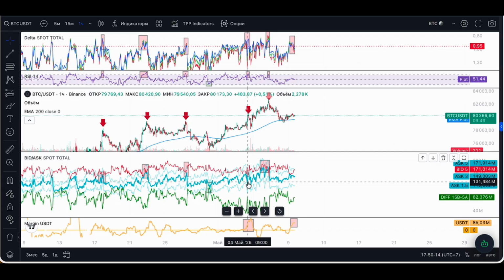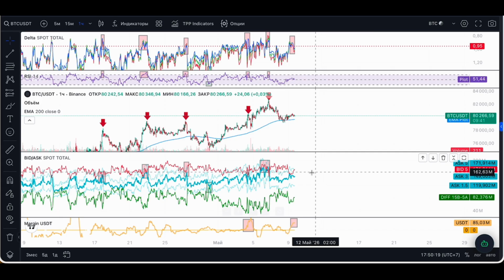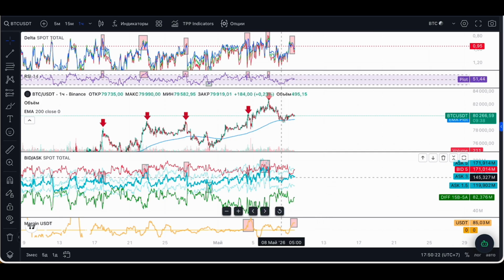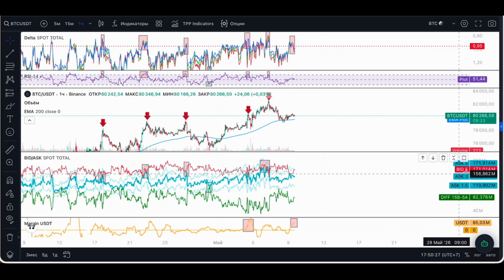So what I'm looking for is the crossing lines. Basically, when one line crosses another line, for example when the bid line on the depth of 5% goes below the ask line on the depth of 3%, this means that ask order value becomes more than bid order value, and ask orders are dominating and seller pressure is dominating.